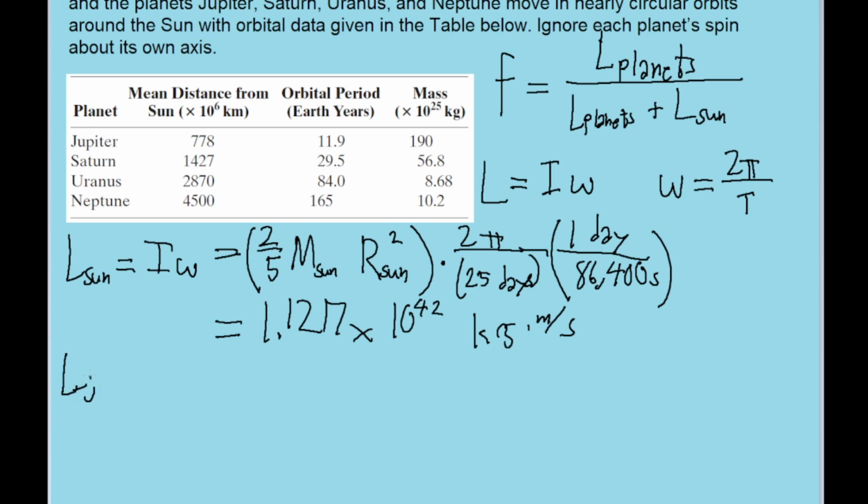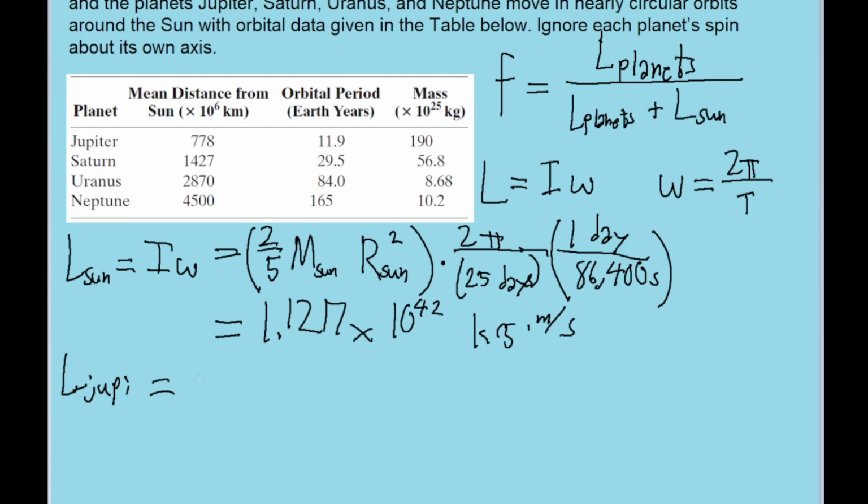So first off, the angular momentum for Jupiter. Again, it's the moment of inertia times the angular velocity. Now we're not going to use the same formula for the moment of inertia, because that only applies for a sphere. But if we're looking at one single planet revolving around the sun, then we can approximate this system by treating the planet as a particle rotating around the sun.